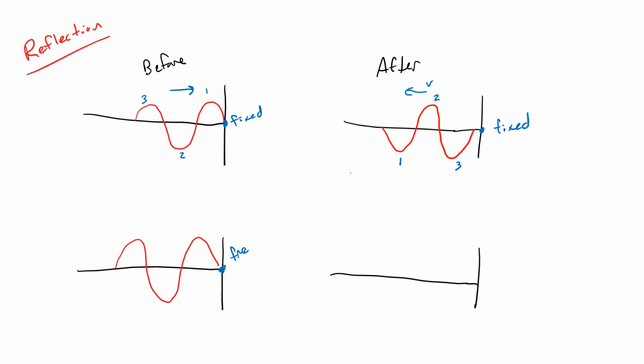If the end is free to move, which was a lot harder to duplicate in our experiment, that wave is going to come in and it's going to turn around again, but this time it's not going to reflect because there isn't that hard boundary for it to reflect on.